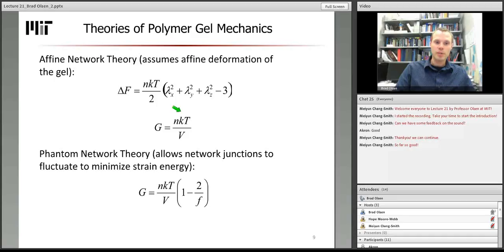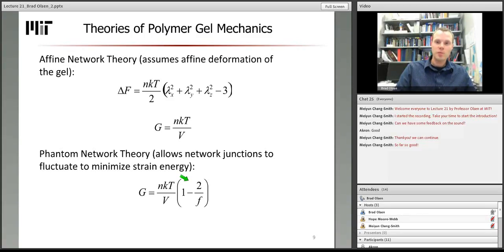The change in free energy has a similar qualitative form to that found in the affine network theory, but when you go through and calculate the modulus, what you find is the modulus is again equal to the number of elastically effective strands times kT divided by volume, but now multiplied by a factor of 1 minus 2 over F. And here F is the functionality of the network cross-linking points. So in our previous example from the last slide, F was equal to 3. And so you have 1 minus 2 over 3 as this coefficient.